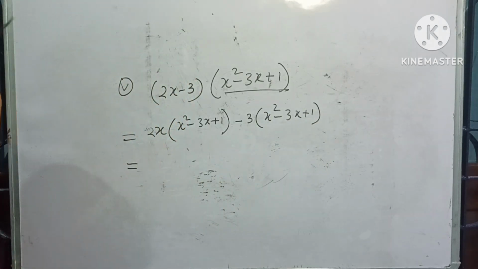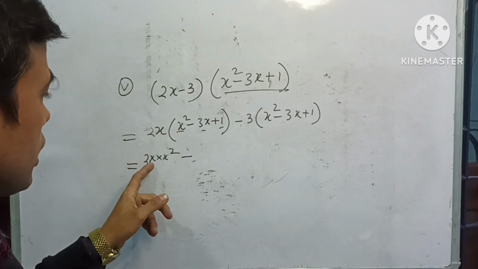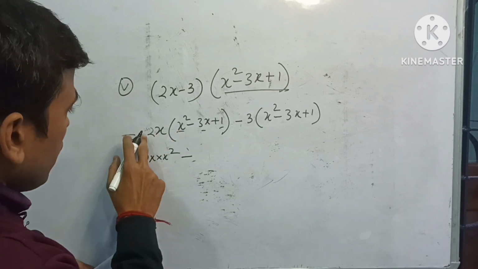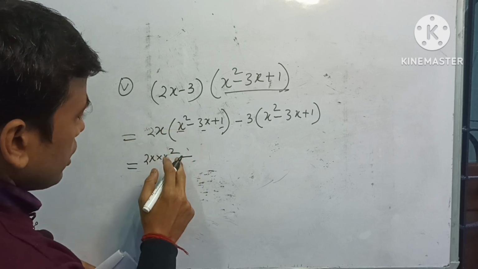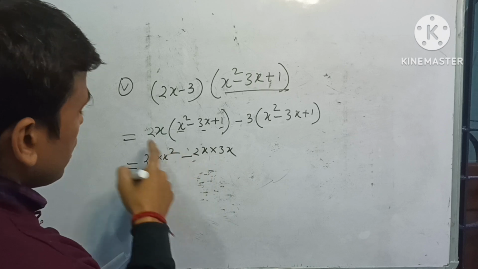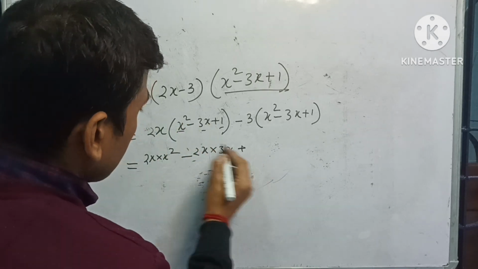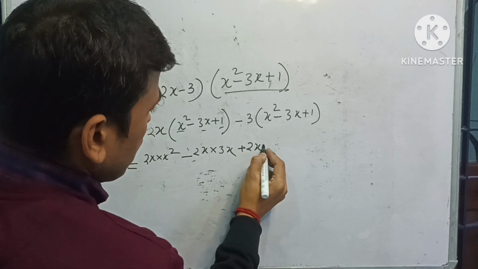Now we use the distribution law. Here twice x, here x square. So we have twice x into x square. Here plus, minus twice x into 3x, plus into plus twice x into 1.